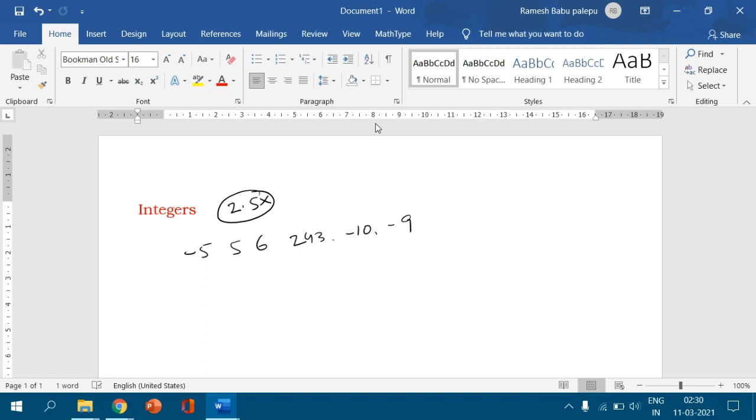So integers are whole numbers that may be positive or negative. Generally, integers are represented by the English capital letter Z.